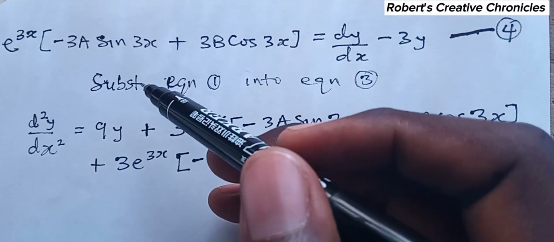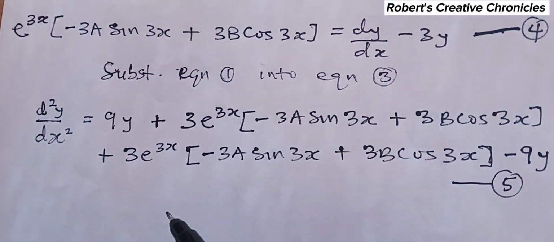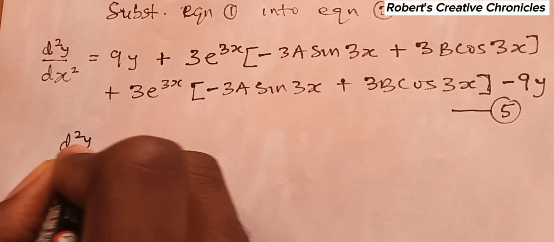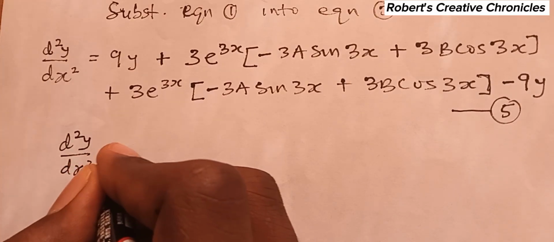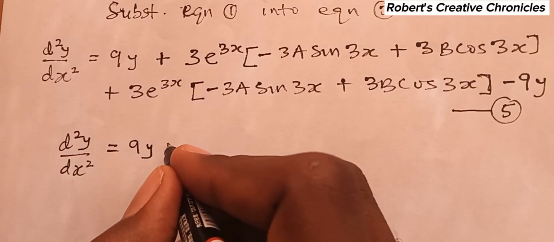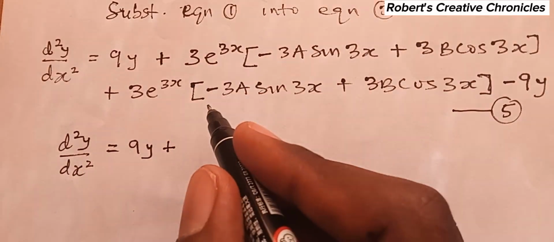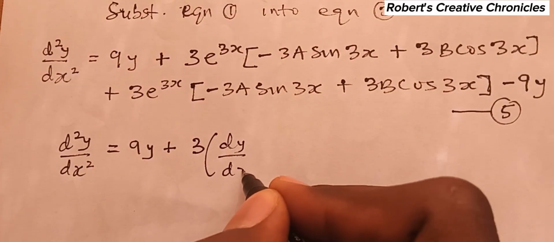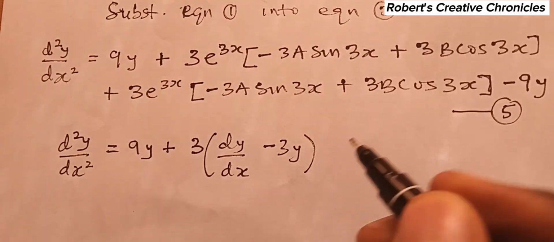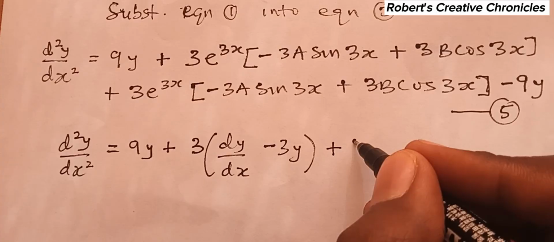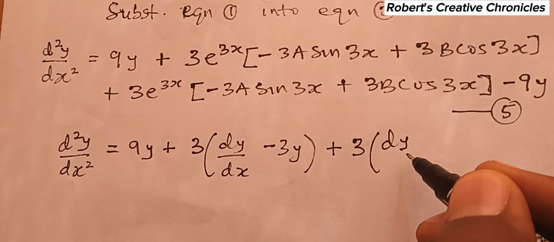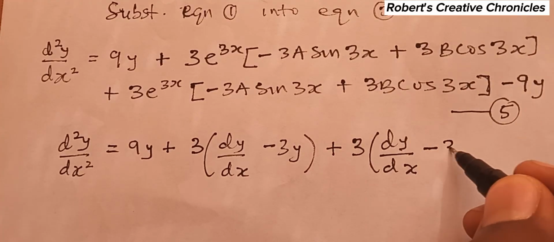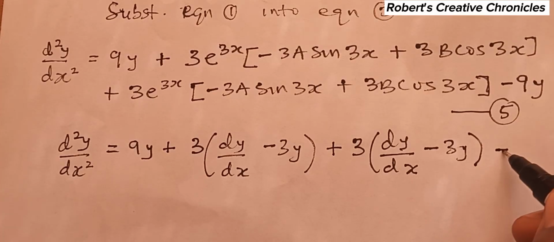Equation 5 therefore becomes d²y/dx² equals 9y plus, from equation 4, 3(dy/dx minus 3y) plus 3(dy/dx minus 3y) minus 9y.